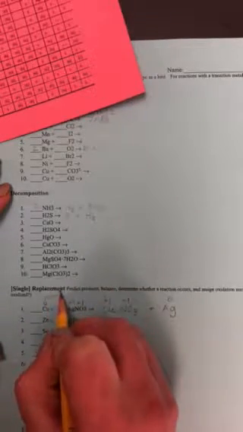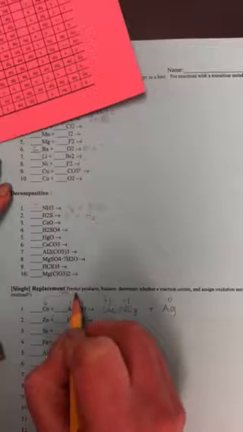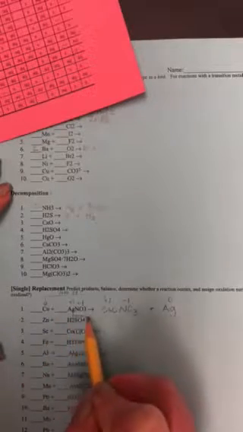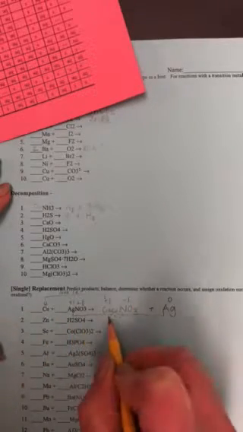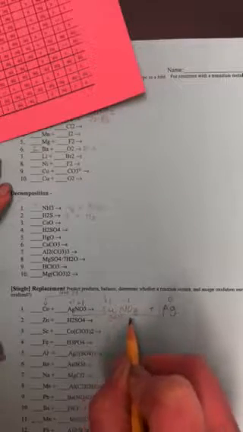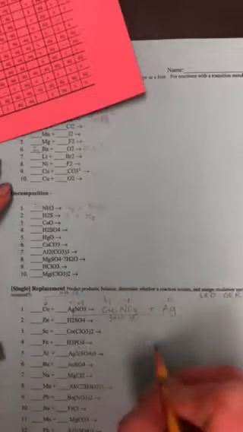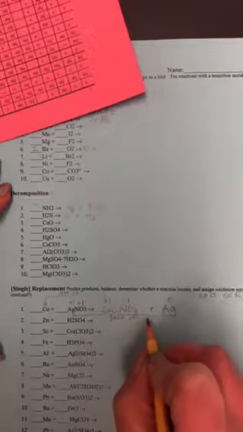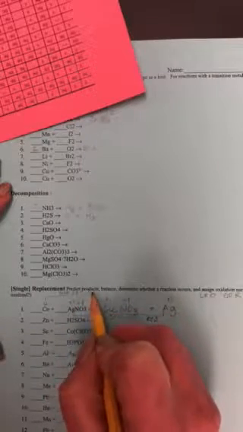So copper is going to lose 1 electron, and silver is going to gain 1 electron. So remember, LEO says GER: lose electron, oxidized; gain electron, reduced. So that means that silver is reduced and copper is oxidized.